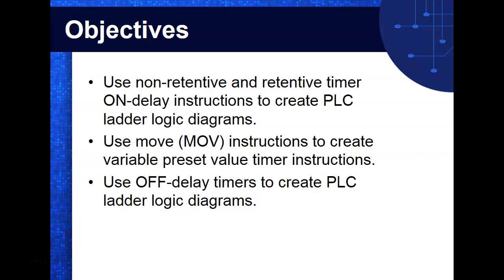So what we're going to do here, we're going to look at what we call a non-retentive timer and a retentive timer on delay. What do you think we mean by on delay?